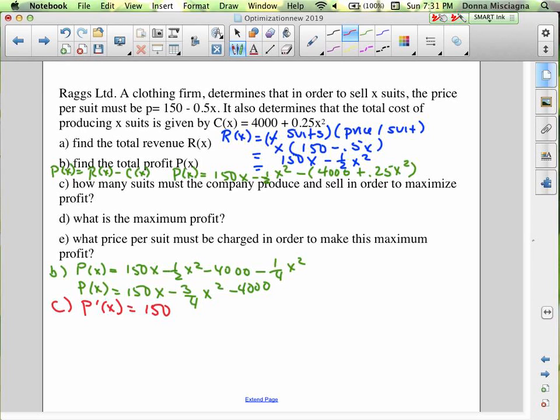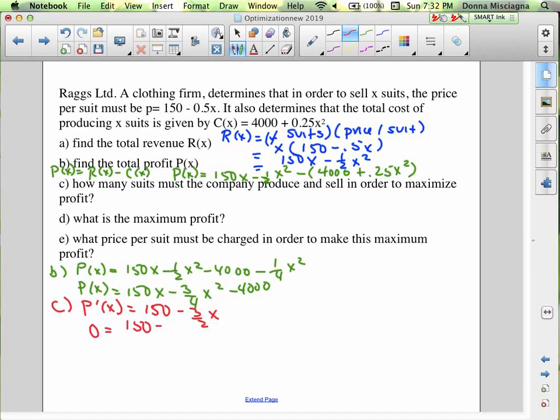The derivative of negative 3/4 x squared would be negative 3 times 2 over 4, which is negative 3/2 x. And then the derivative of the constant is 0. All right? So now we set that equal to 0. It's the exact same thing as finding the derivative of the revenue, derivative of cost, and setting them equal to one another. We just combined the revenue and cost first because it asked us for the profit function.